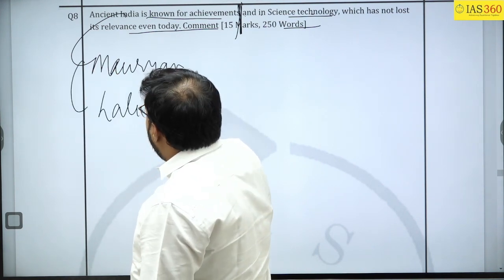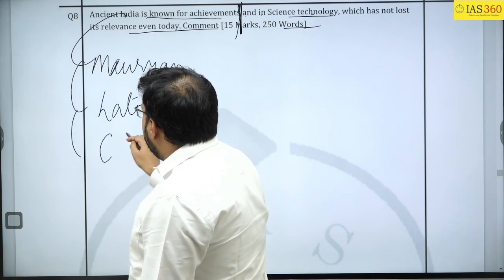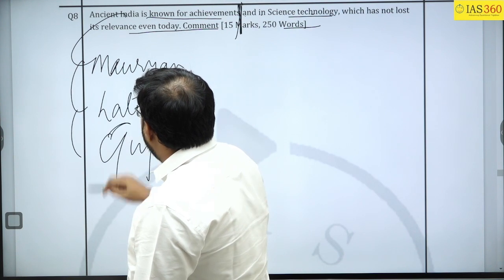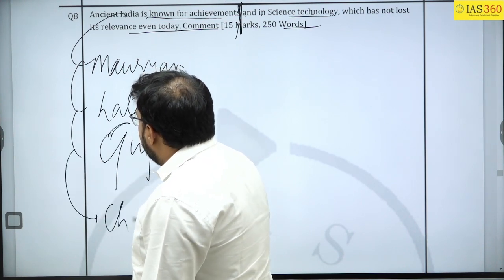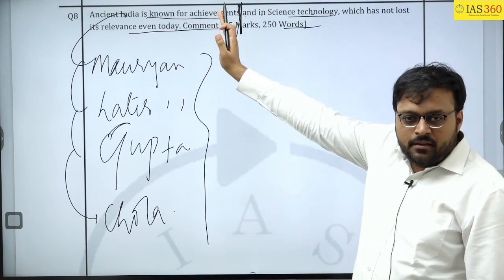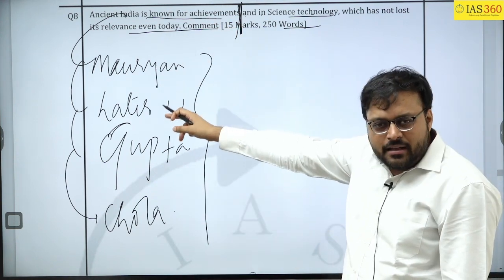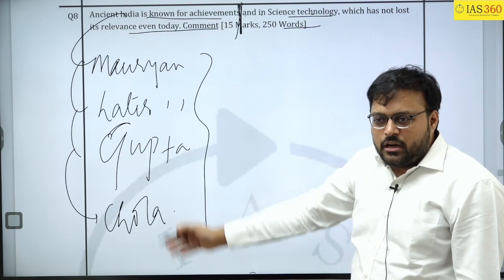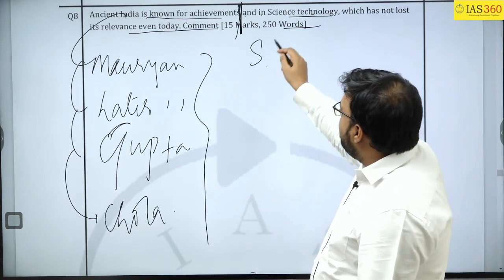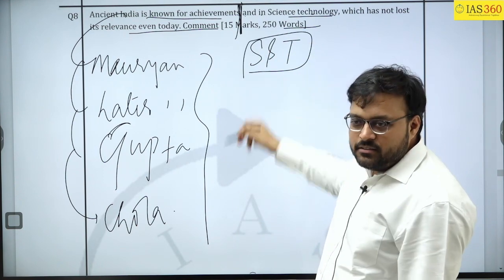Achievement during the later Mauryan period, during the Gupta period, during the Chola kingdom. Write one point on the achievement in language, one point on art and culture. You can write like this, and separately you can talk about science and technology.